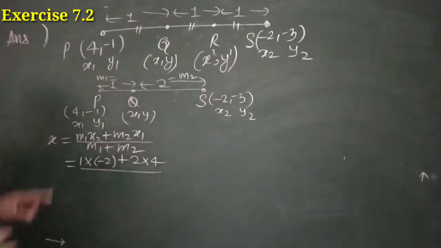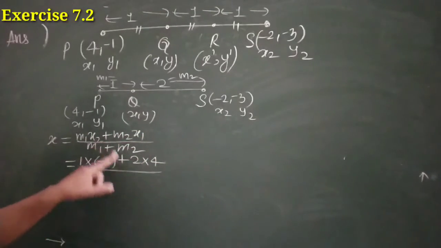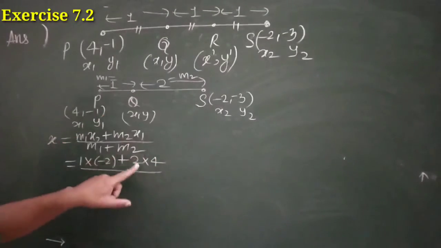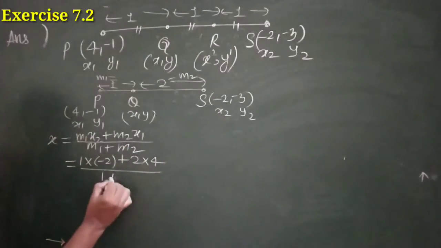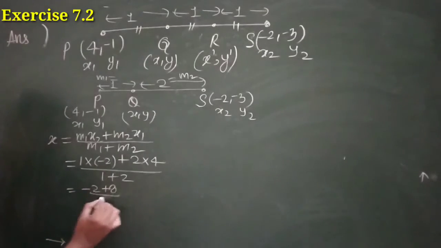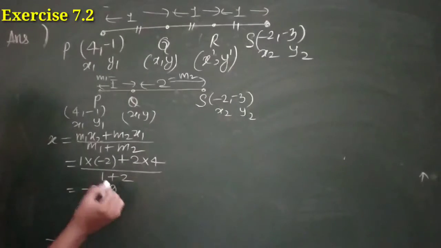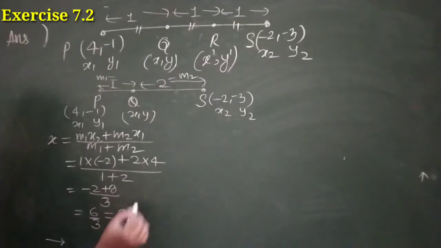Just check the values: m1 is 1, x2 is minus 2, m2 is 2, x1 is 4, upon m1 plus m2, 1 plus 2. It will be minus 2 plus 8 upon 3. So what will the answer be? 6 upon 3. The answer will be 2.